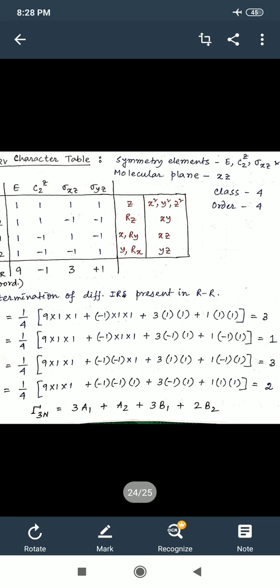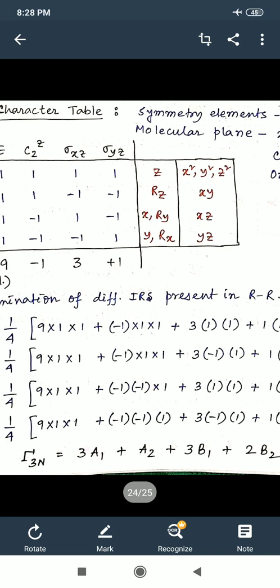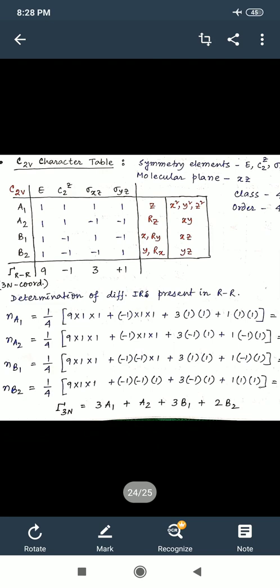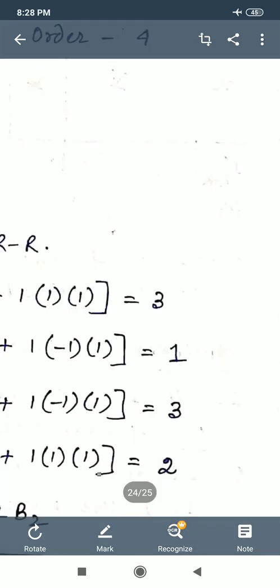So that is actually the total reducible representation, that is our Bethe notation 3n, the reducible representation in terms of the 3n coordinate, that is equal to 3 into A1, because in case of NA1 the number is 3. So 3 into A1 plus 1 into A2 plus 3 into B1 plus 2 into B2.